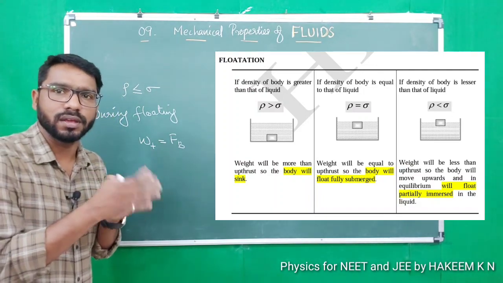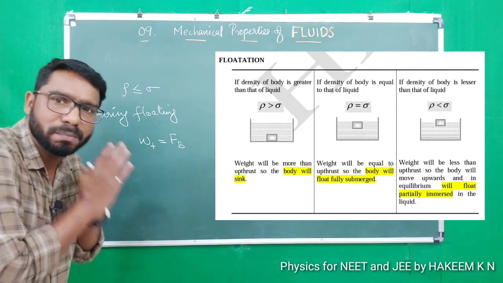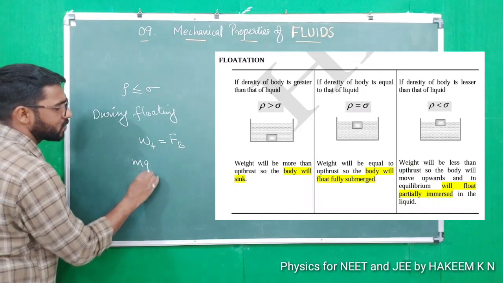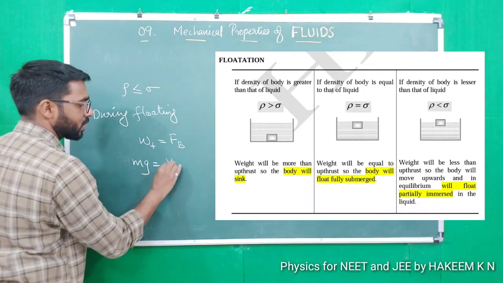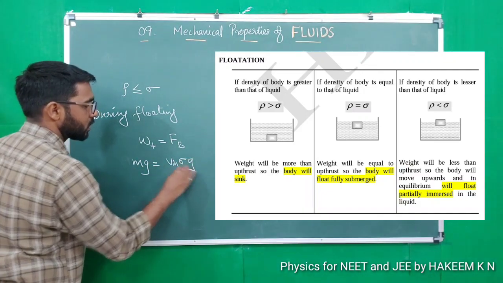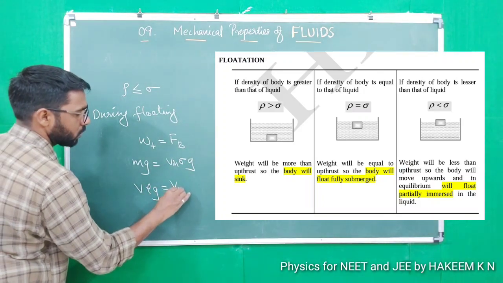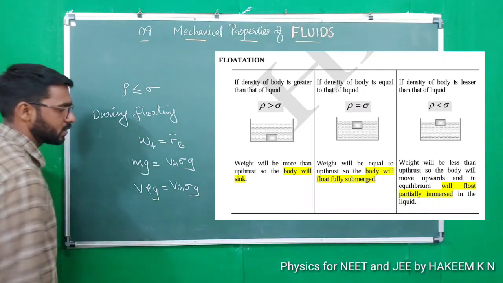So while floating, weight should be balanced by the upthrust. For weight we can say mg, and for upthrust V inside into sigma g. For mg we can write V rho g equal to V inside into sigma g.